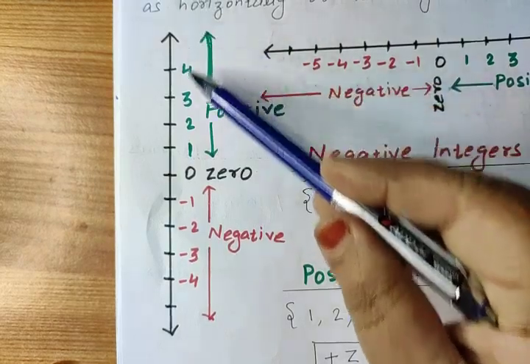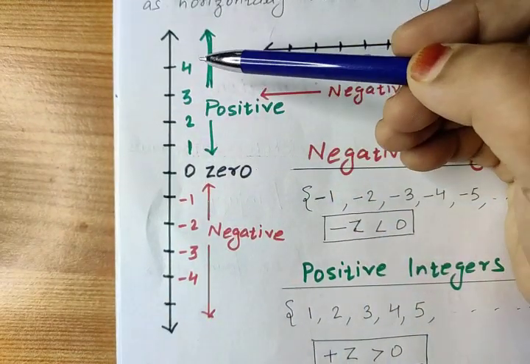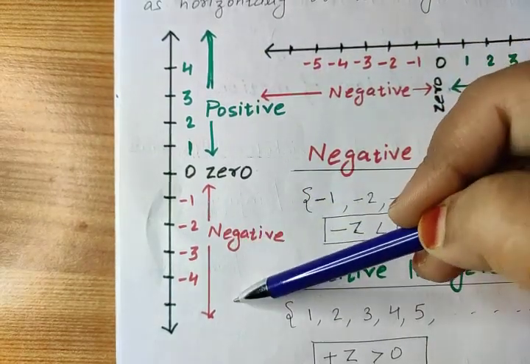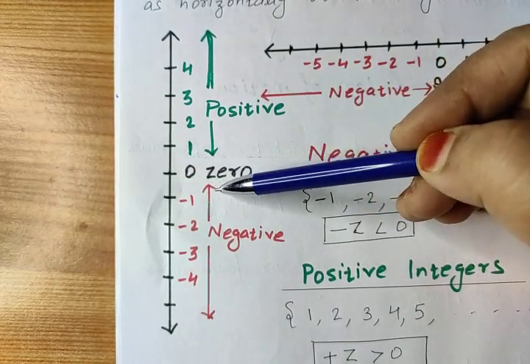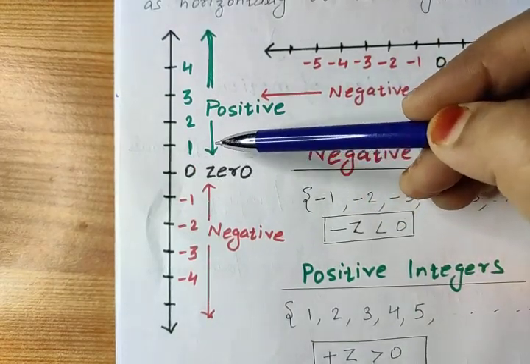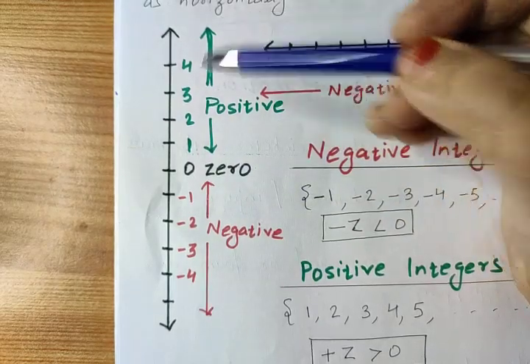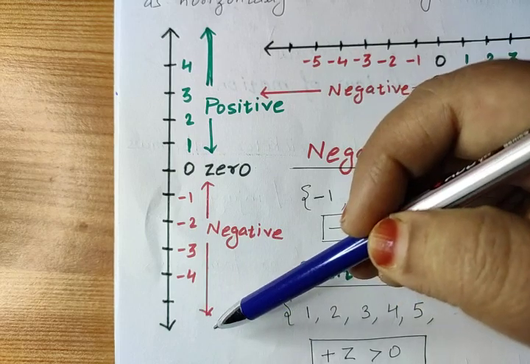Positive integers lie upside and negative integers lie downside. And at the center what is there? 0 is there. Okay children, so when we go up, value increases, and when we come down, value decreases.